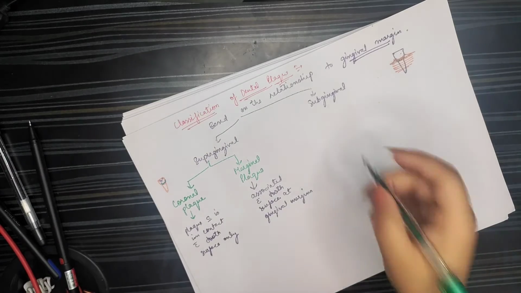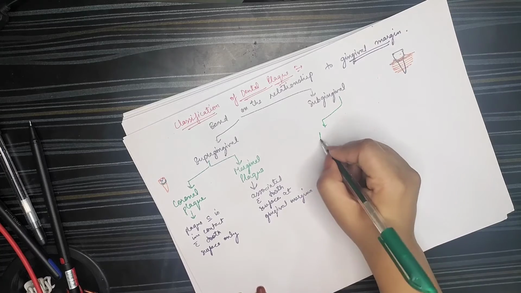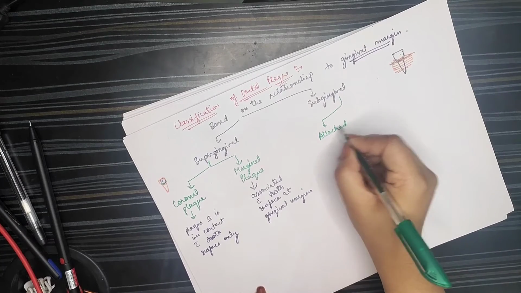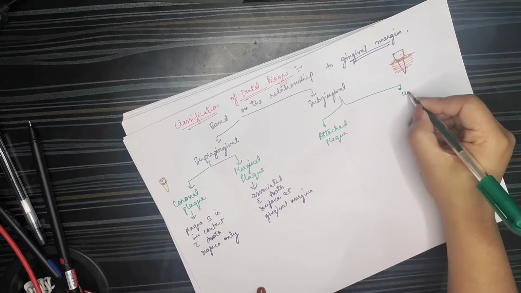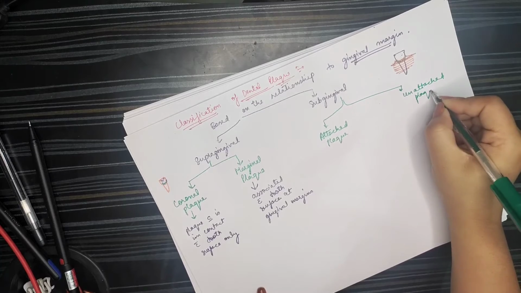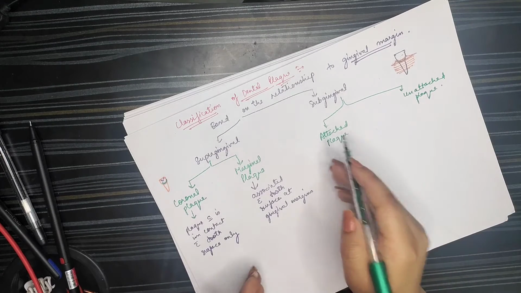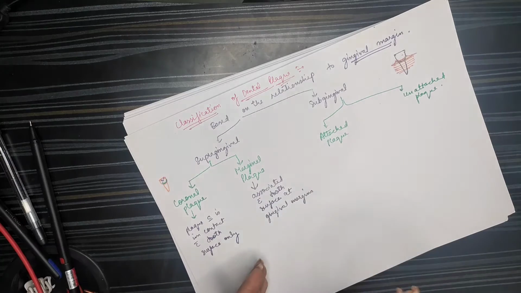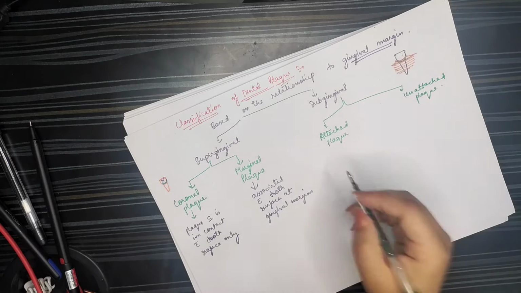Now we need to explain the subgingival one. Two types: attached plaque and unattached plaque. The attached plaque is the one which is attached to the gingiva, and unattached is the one which is not attached to the gingiva.